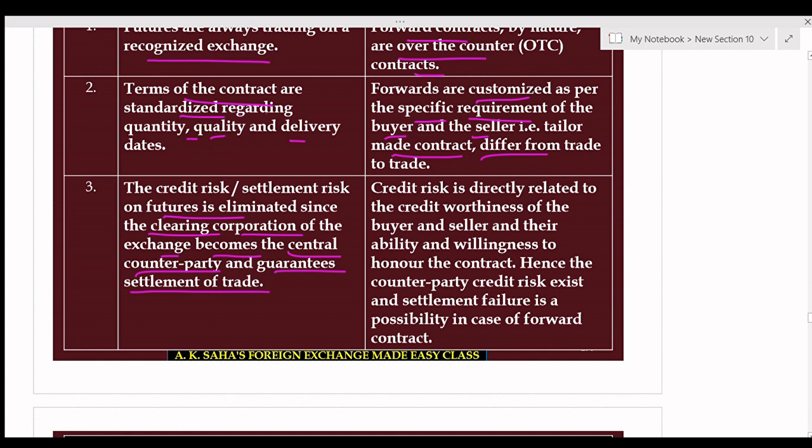Credit risk in forwards is directly related to the creditworthiness of the buyer and seller and their ability and willingness to honor the contract. Hence, counterparty credit risks exist and settlement failure is a possibility in the case of a forward contract.